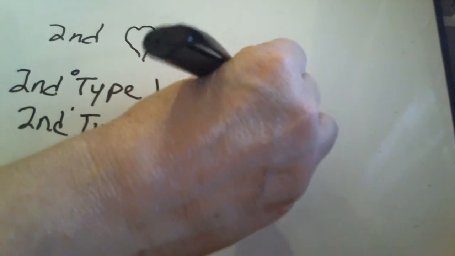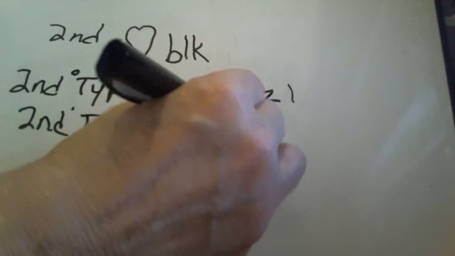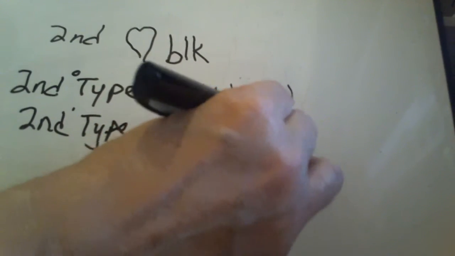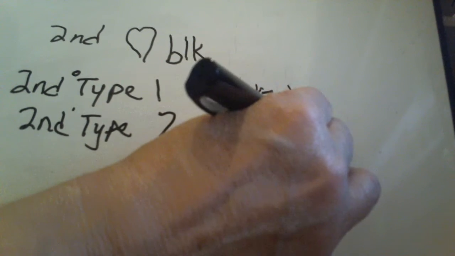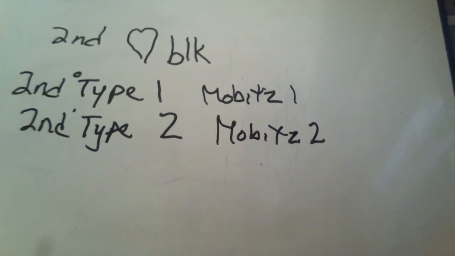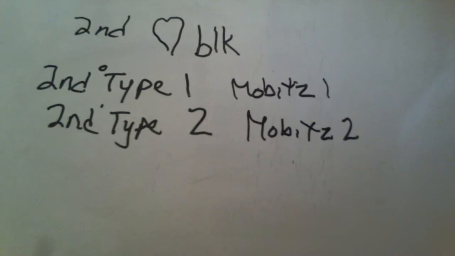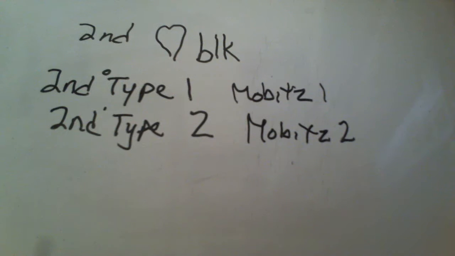This is also called Mobitz 1. The second degree type 2 is Mobitz 2. If you just call them second degree type 1, second degree type 2, you will be fine. You know, different people call them different things, but second degree type 1 and 2 is really the easiest.